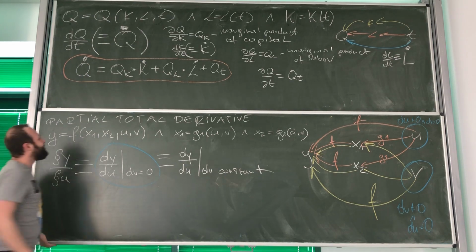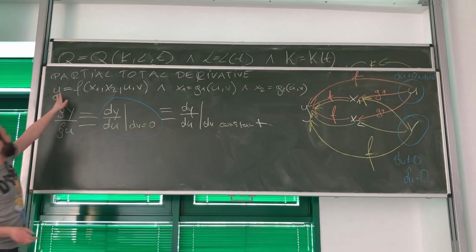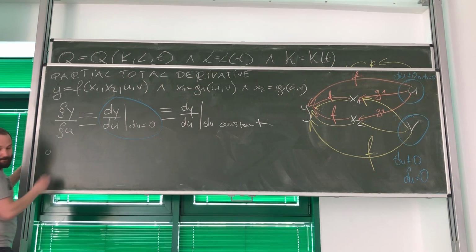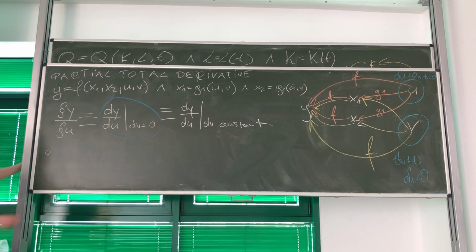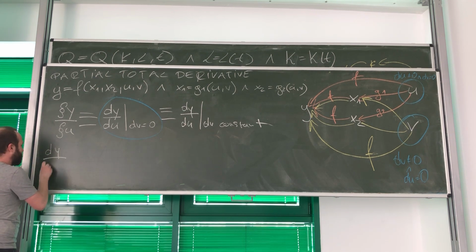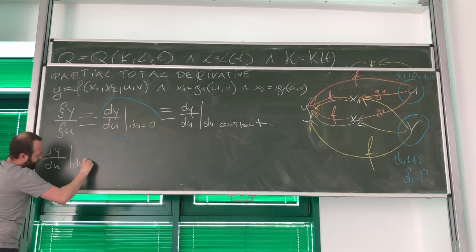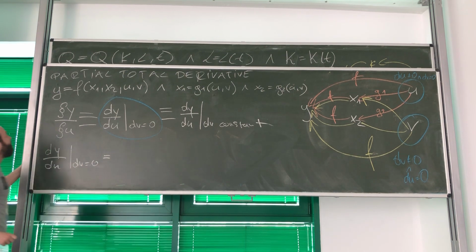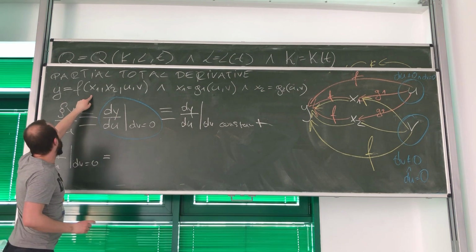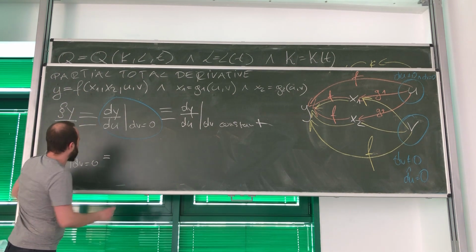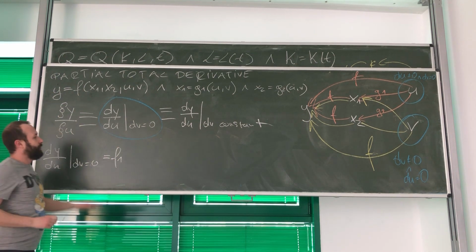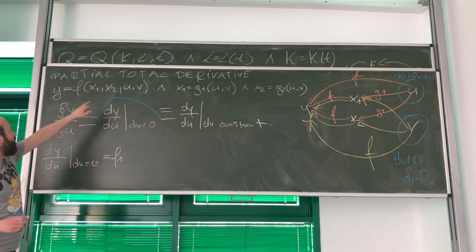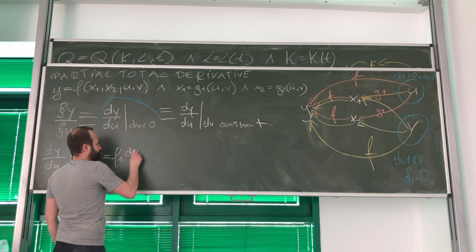And okay, now let's calculate here the impact of u on y. So we've got dy du with dv equal to 0, and it's equal to, first, partial derivative of y with respect to x1, so f1, times derivative of x1 with respect to u.